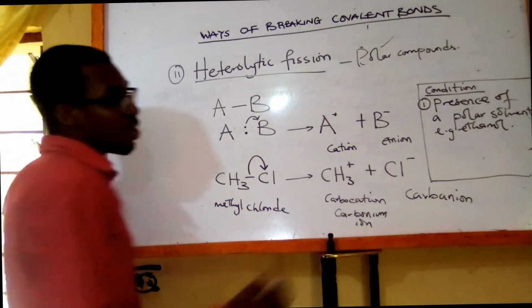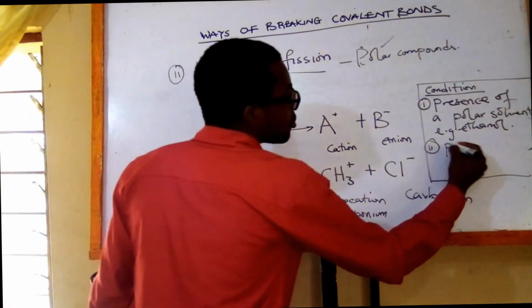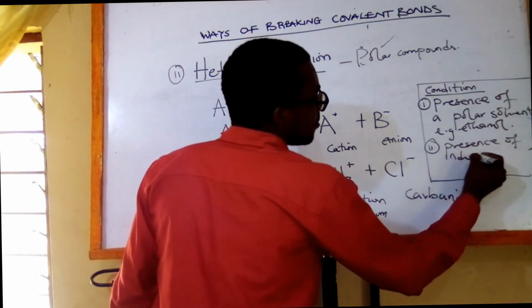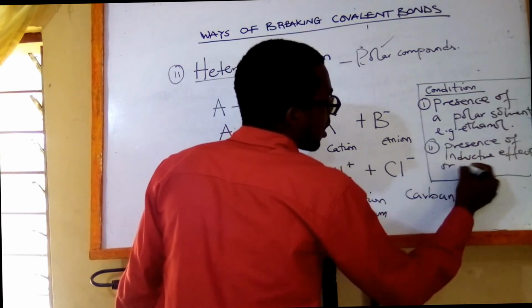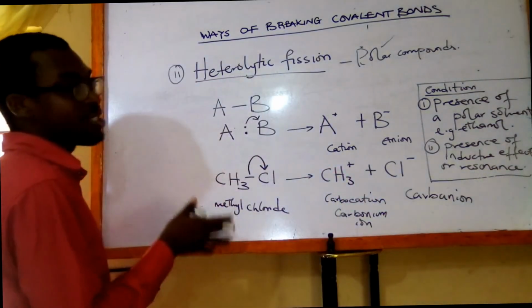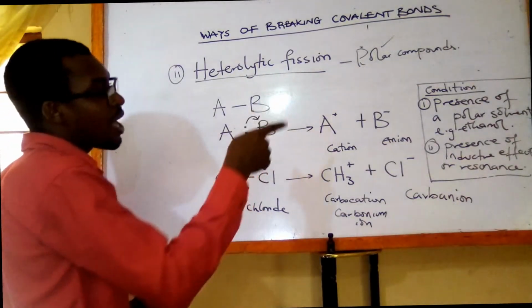The second one is the presence of inductive effect or resonance, and you should know the reason for that. It is so that it can stabilize the system. I've told you heterolytic fission is more prevalent in polar compounds.